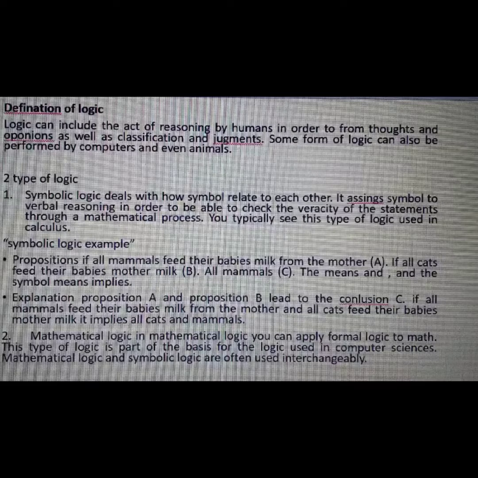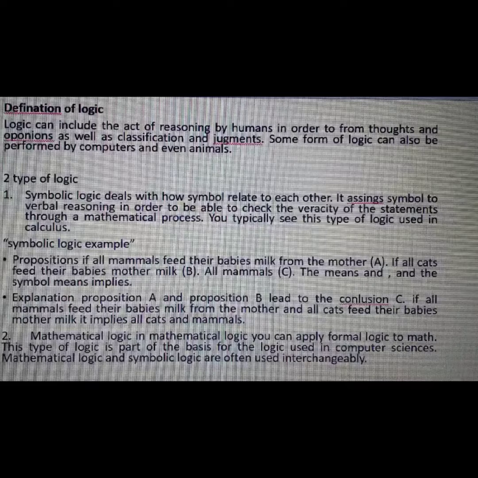It deals with how symbols relate to each other. It assigns a symbol to variable reasoning in order to be able to check the veracity of the system through a mathematical process. You typically see this type of logic used in calculus.